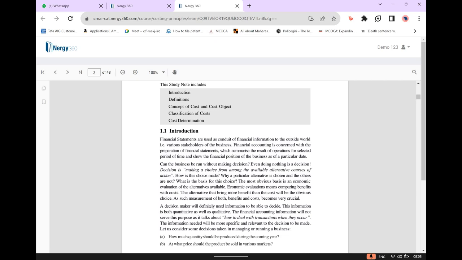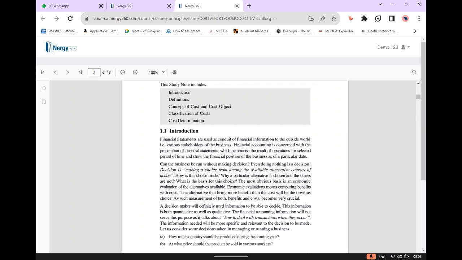We have understood already that along with financial account, why cost account and management account evolved. Because in financial account, you prepare a balance sheet, profit and loss account, and all that, and that is required for the regulator purpose, or it will be required for your stakeholders.